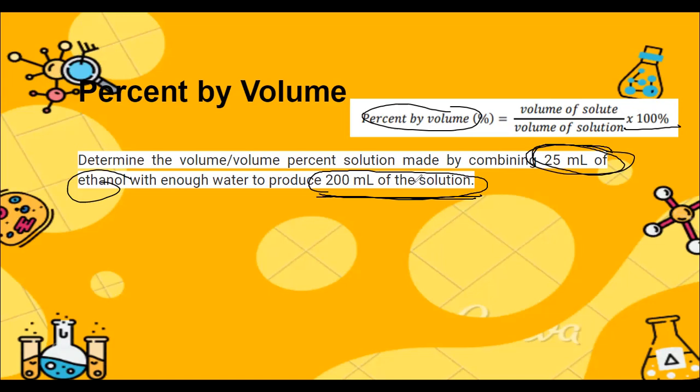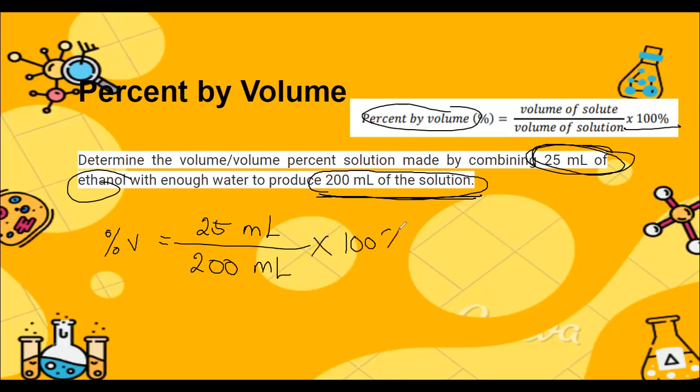And our 200 ml is the volume of solution. Let us substitute this. Percent volume equals volume of solute, 25 ml, over the volume of solution, which is 200 ml. We need to multiply it also by 100%.